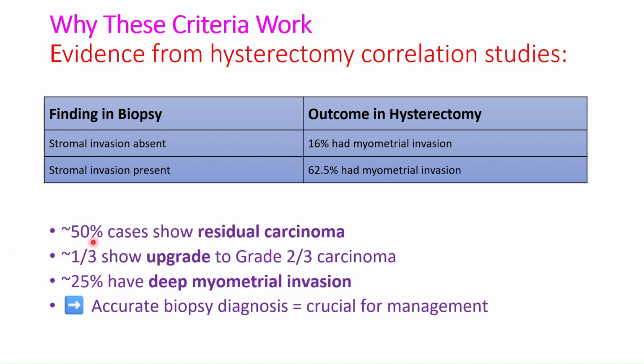So equal to 50% cases show residual carcinoma, more than 1/3 show upgrade to grade 2 or 3 carcinoma, 25% have deep myometrial invasion. So that's why accurate biopsy diagnosis is crucial for management.